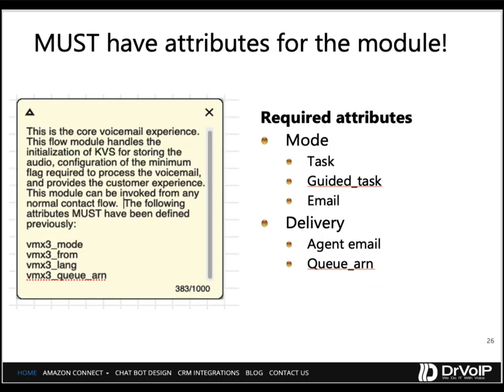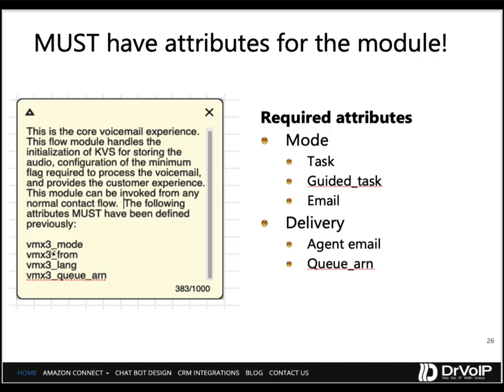When we're passing a contact flow, it is going to call the module to create the voicemail. We need to pass in these attributes. They're a must. That's what makes the module work.